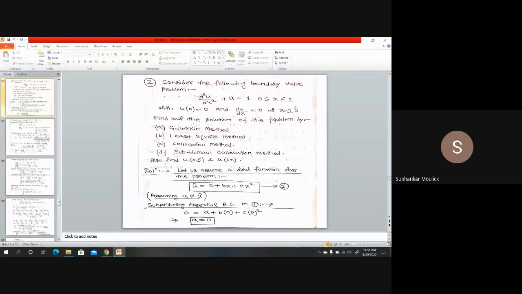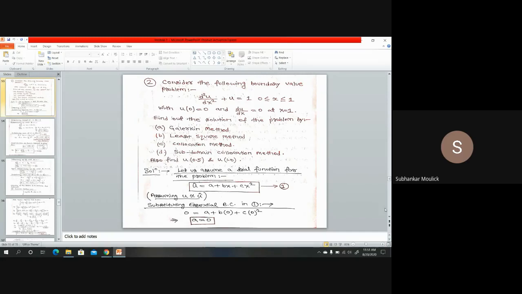X can go from 0 to 1. In between 0 to 1 you can take n number of collocating points and you can get the approximated solution. Fine. So if the collocating points are given to you in the problem, it is fine.